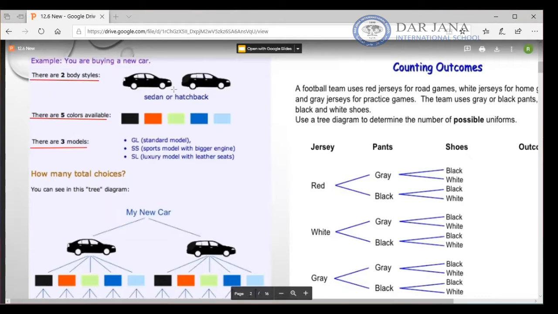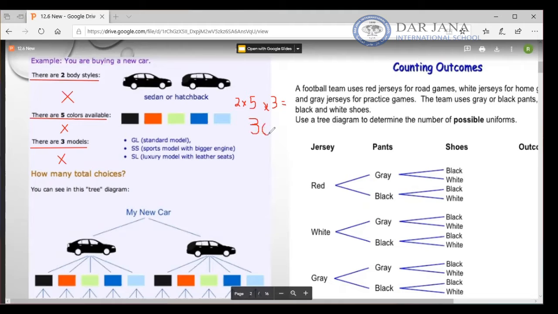As we discussed before, we're going to multiply them. So this is going to be 2 times 5 times 3, and the total will be 30.